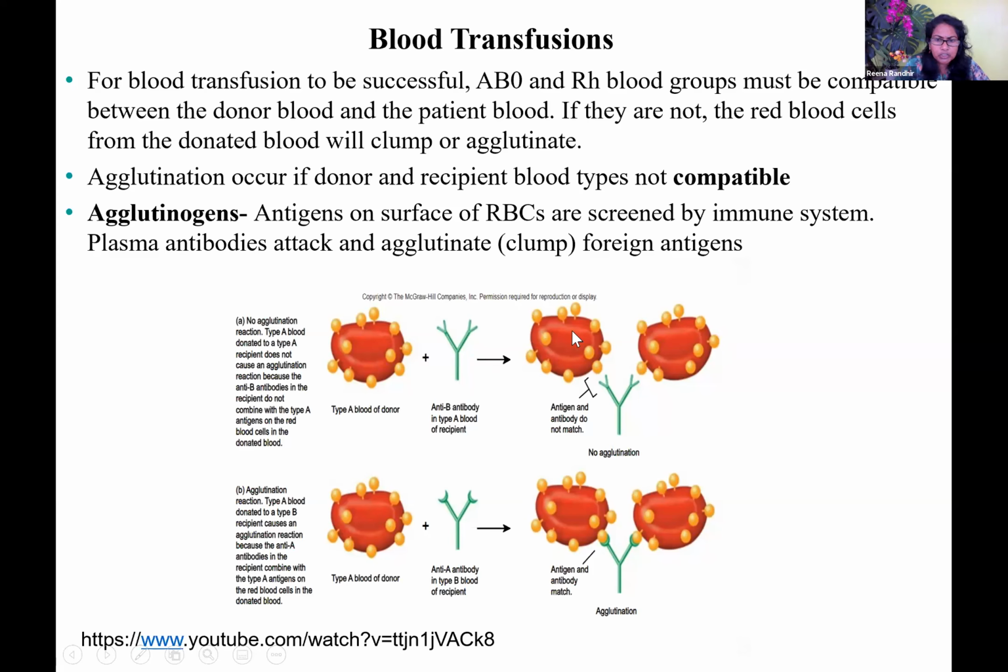So this is a picture of agglutination. So here is type A blood that is having B antibody. So in its own blood, there is no agglutination. But when it's mixed with a type B, they will all come together and it will form agglutination.